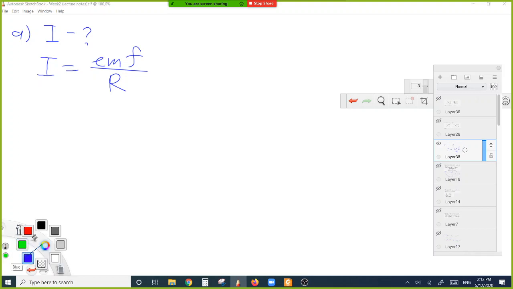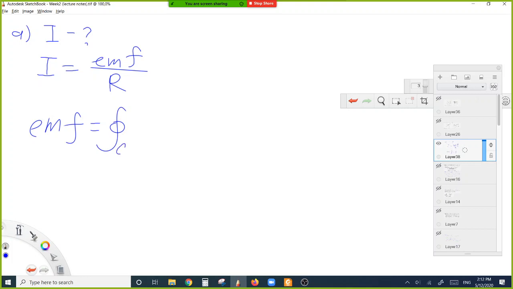And the electromotive force, by definition, is equal to the integral over the closed path C of V cross B dl.